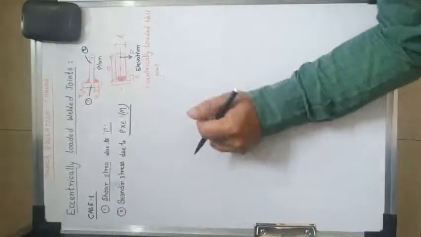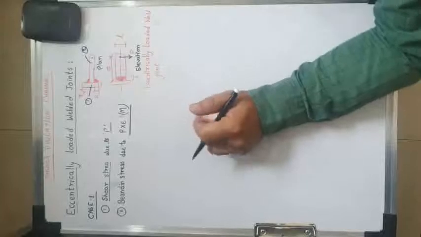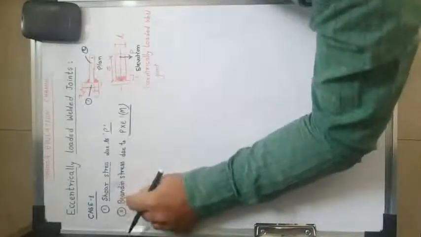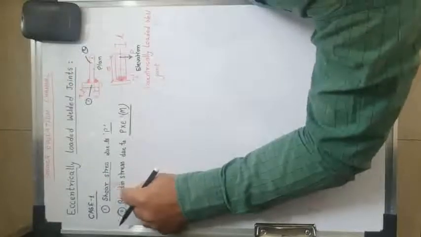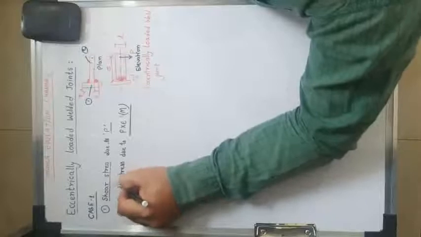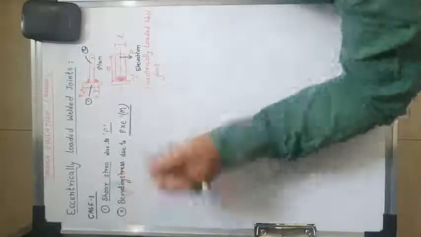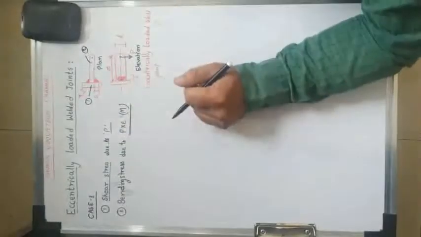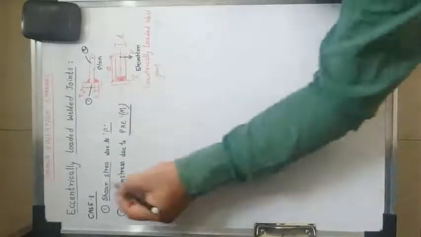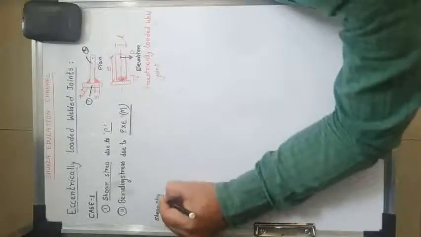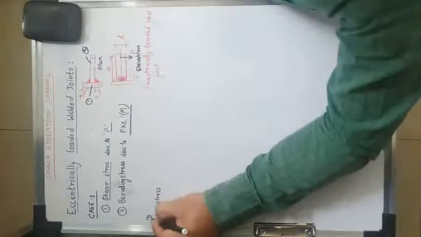We will make the resultant and find the maximum bending stress and maximum shear stress. So we will go one by one. First, what is the shear stress, or you can say the direct shear stress?